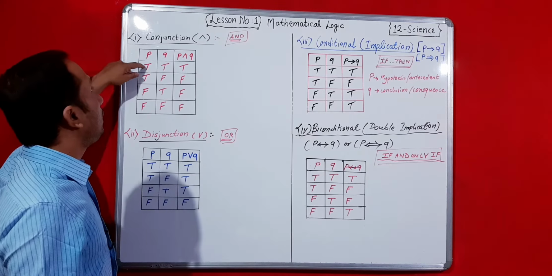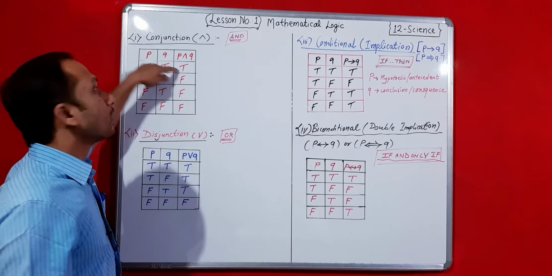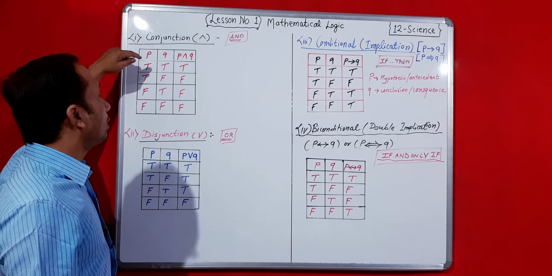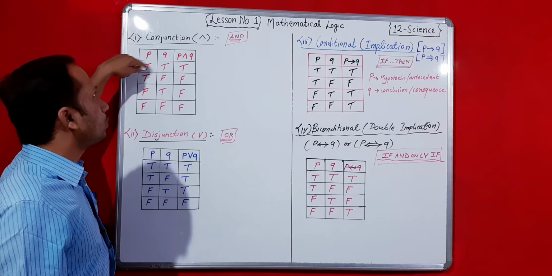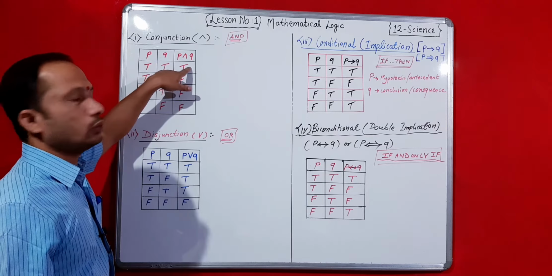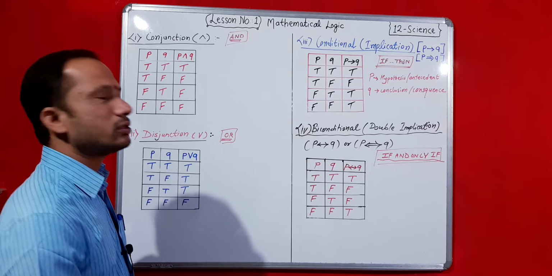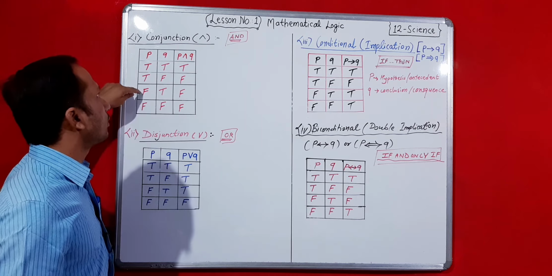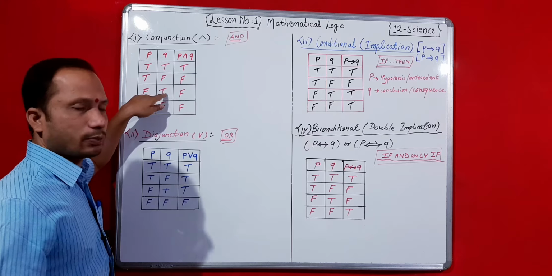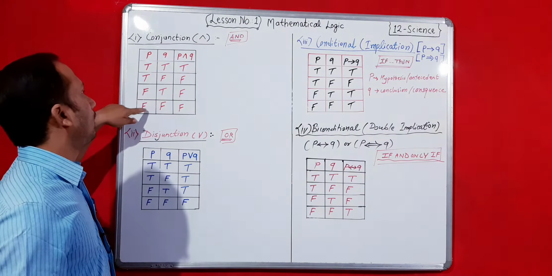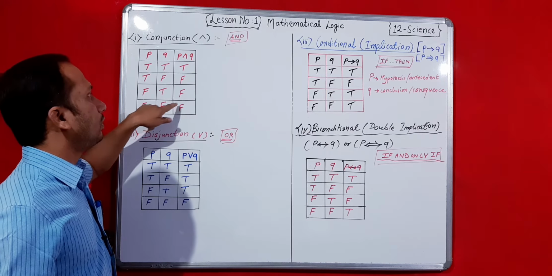Now T will give T. If the first statement is true and the second statement is true, you will get true. If the first statement is true and the second is false, then it is false. If the first is false and the second is true, it is also false, and if both are false, it is also false.